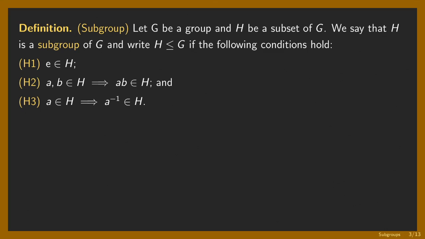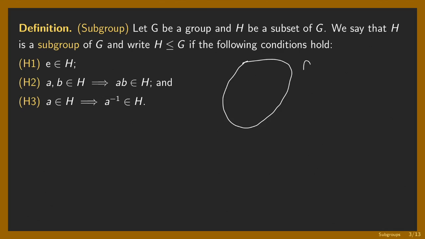Second, we must require that the subset is closed under the operation of G. This means that the operation of G behaves well inside H, because if you get two elements in H, let us draw a Venn diagram over here.